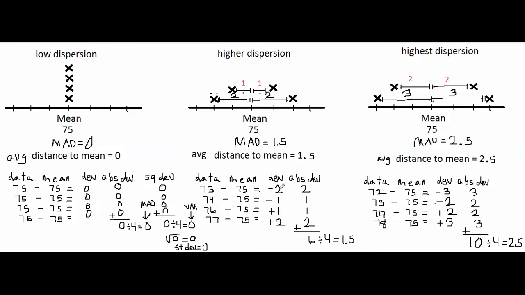-2 times -2. Once again, we have to multiply each deviation by itself, which, in other words, we have to square each deviation. Squaring just means multiplying a number by itself. So -2 squared is -2 times -2.